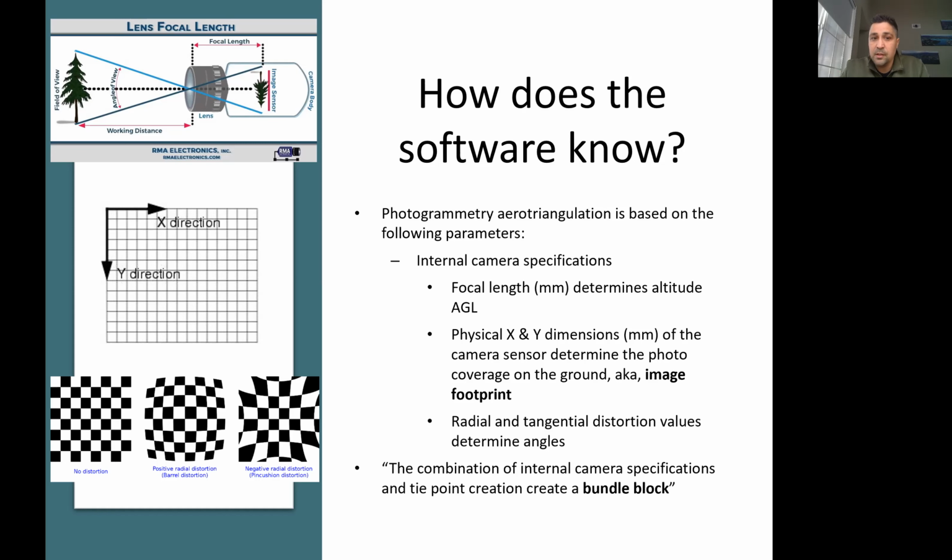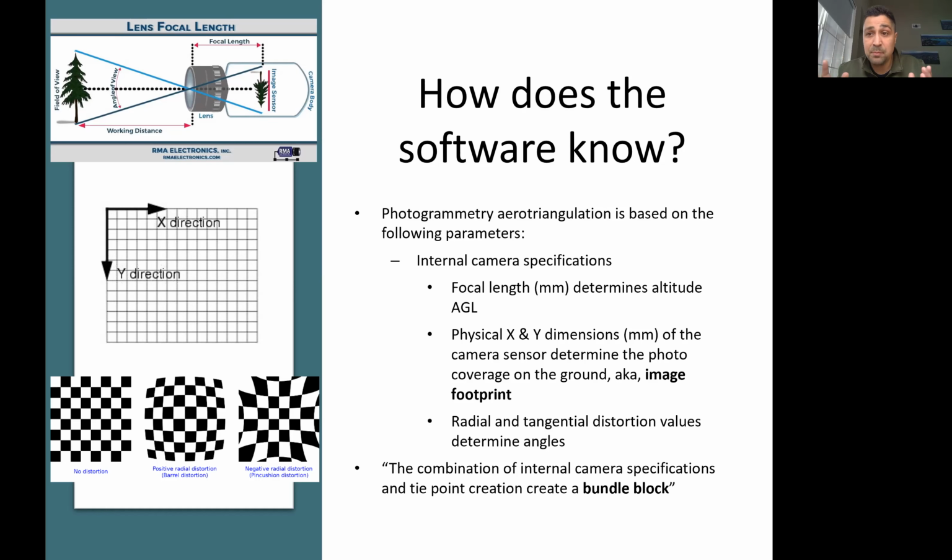It relates how the image was collected to what was actually collected on the ground, size-wise. Here's the example over here: physical dimensions in millimeters, the X direction horizontal and the Y direction vertical. So that's the physical size of the sensor.